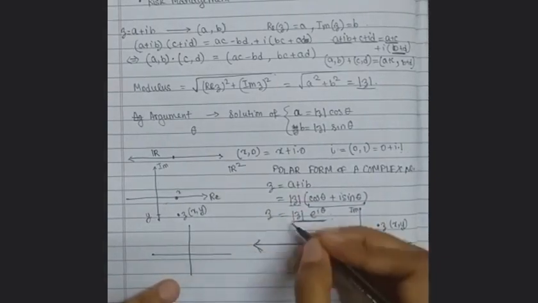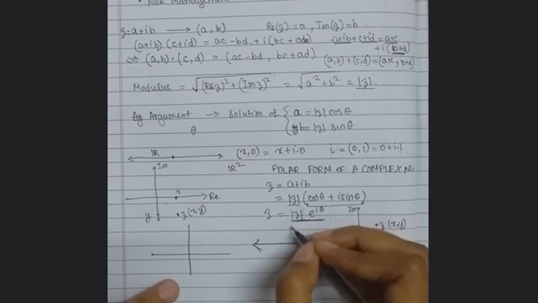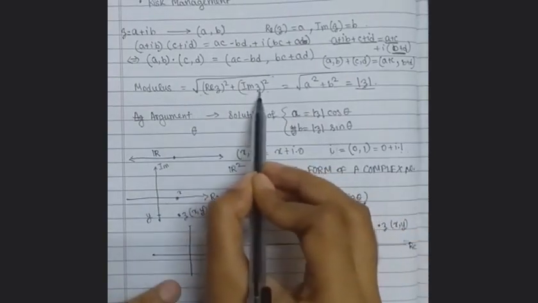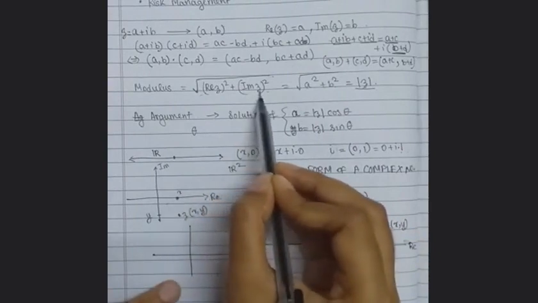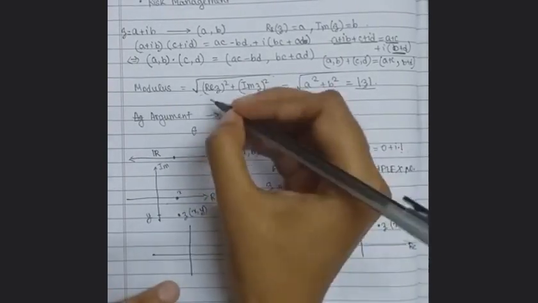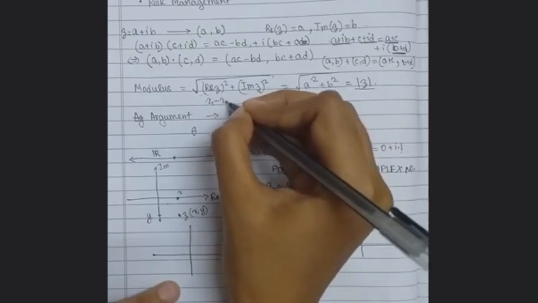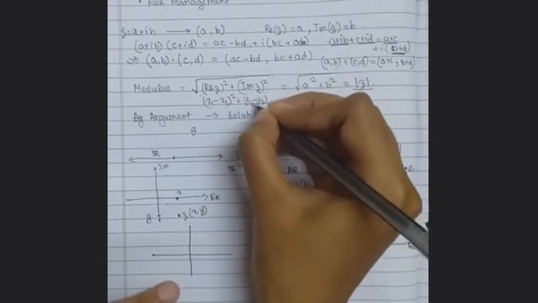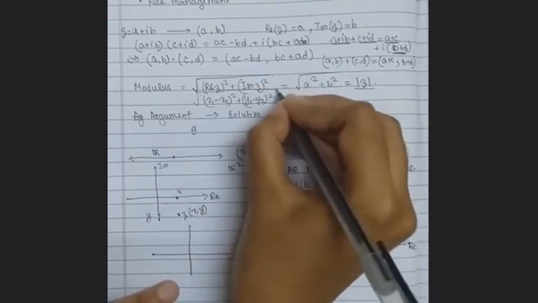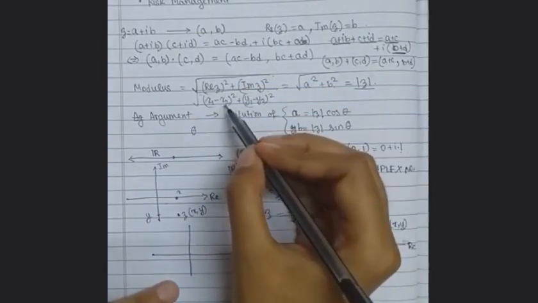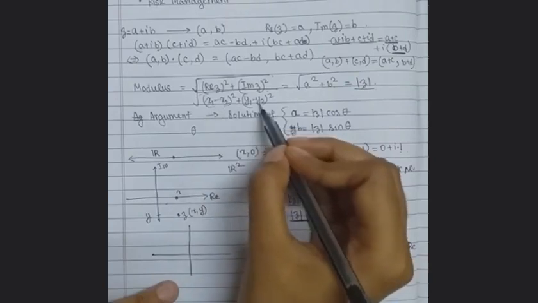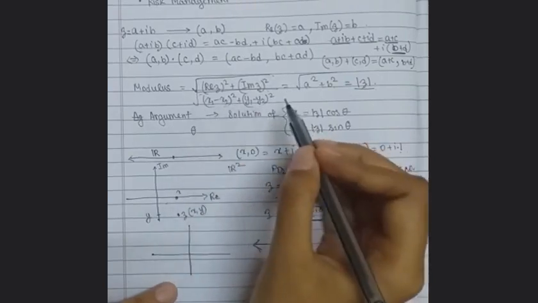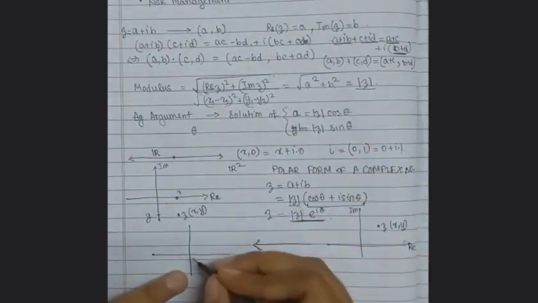That is just mod z, we know it is the distance from the origin, right? This is basically the distance formula, square root of (x1 minus x2) whole square plus (y1 minus y2) whole square. Now if we consider one of the points, say (x2, y2), to be the origin (0, 0), that would give us the distance from the origin itself.